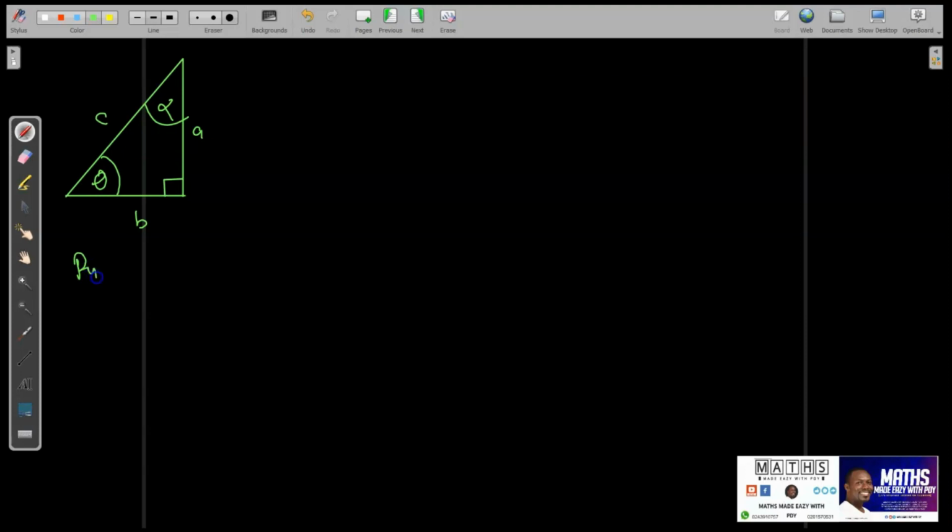From Pythagoras theorem, we get C squared is equal to A squared plus B squared. Are we okay with that? Yes.